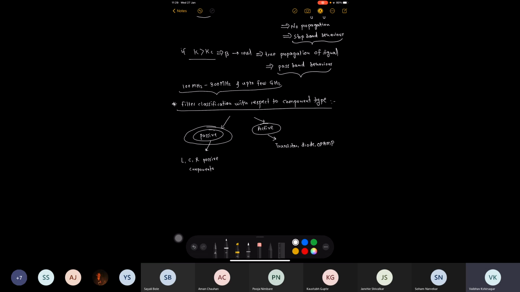First method is the insertion loss technique of designing a filter, and second method is the image parameter method. These are the two basic methods with which the filter can be designed, and the details of these methods we are going to investigate in further lectures. Remember that we are not going to involve ourselves in the design of active filters, but will restrict ourselves to the design of passive filters only, right?